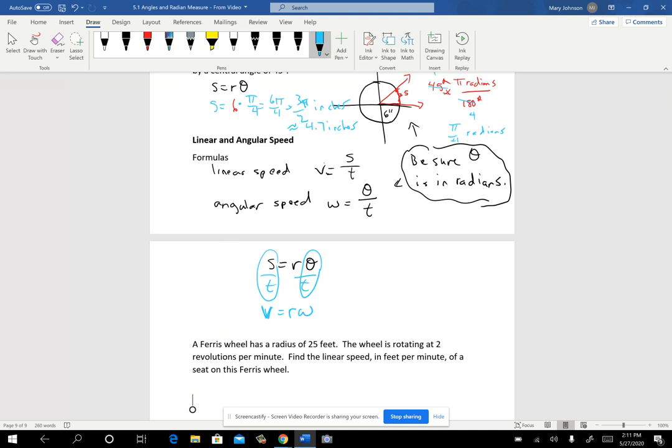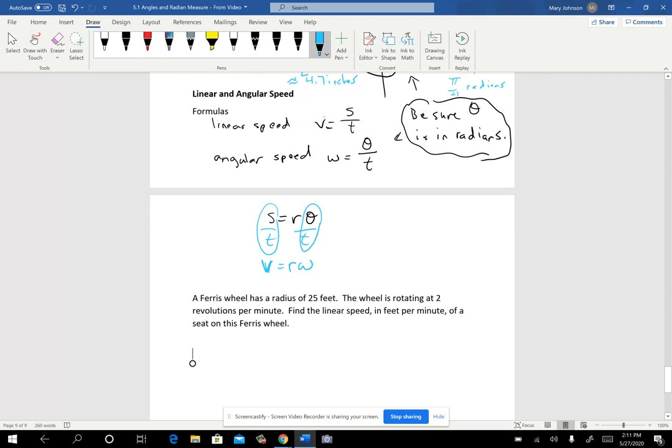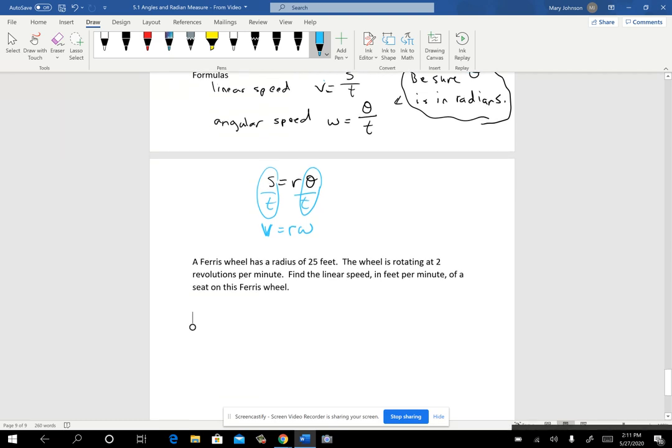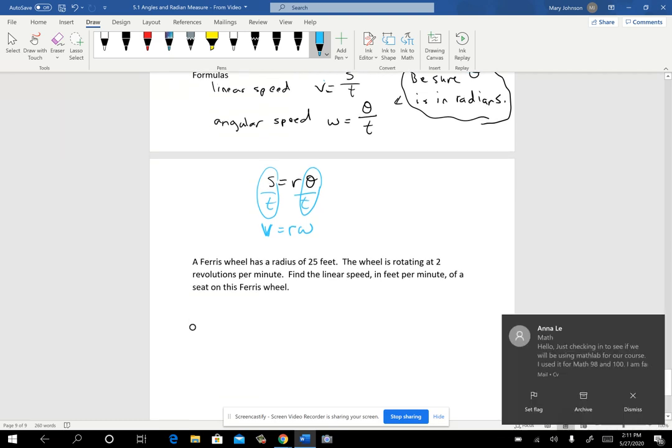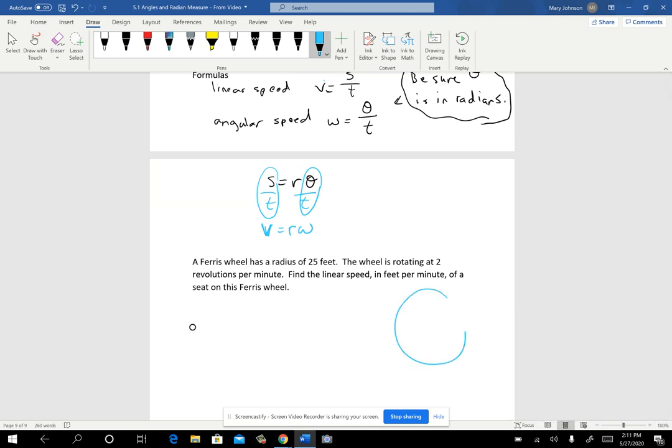All right, so now let's see how we can use this to solve an application problem. We have a Ferris wheel. Your Ferris wheel has a radius of 25 feet, so that means the radius is 25, no matter where you are. The wheel is rotating at 2 revolutions per minute.